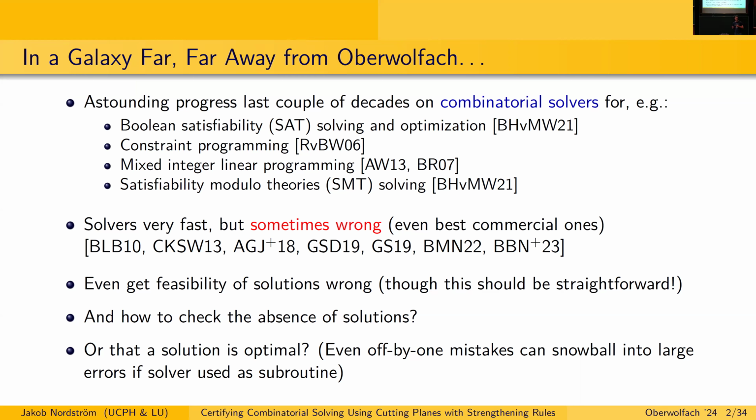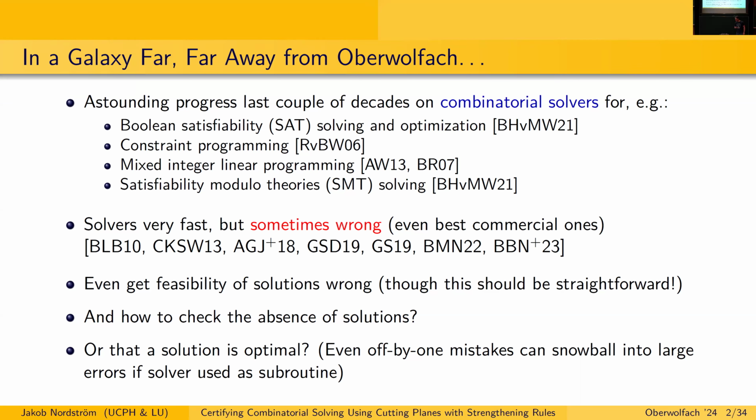Like in reality, if you're within 5 to 10% of optimal, then that's good enough for the airline company, they're still saving millions of dollars. But sometimes it actually does matter a lot, even off by one, and especially if your solver is running inside some other algorithm, then an off by one error can snowball completely out of control. So we do care about errors, and we do care about correctness.